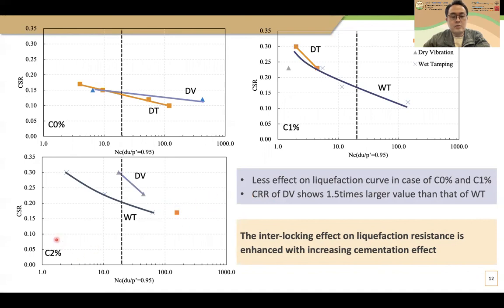However, in the case of C2%, the CRR of dry vibration shows a 1.5 times larger value than that of the wet tamping. So we can say that the interlocking effect on liquefaction resistance is enhanced with increasing cementation effect.